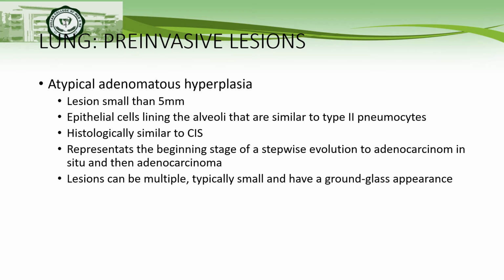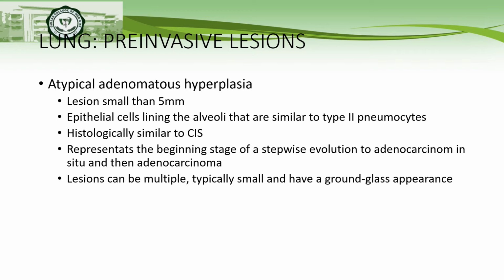Next, we have atypical adenomatous hyperplasia. These are lesions smaller than 5 millimeters. The epithelial cells lining the alveoli are similar to type 2 pneumocytes and are histologically similar to carcinoma in situ.